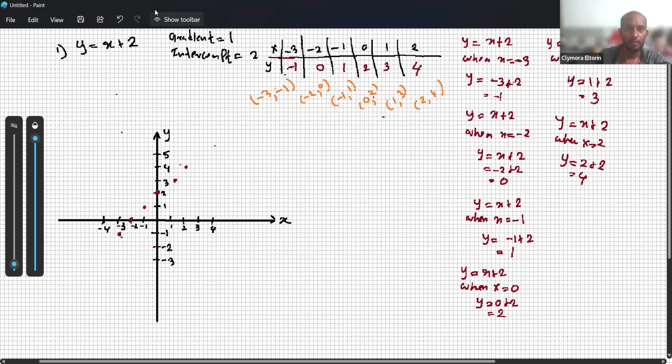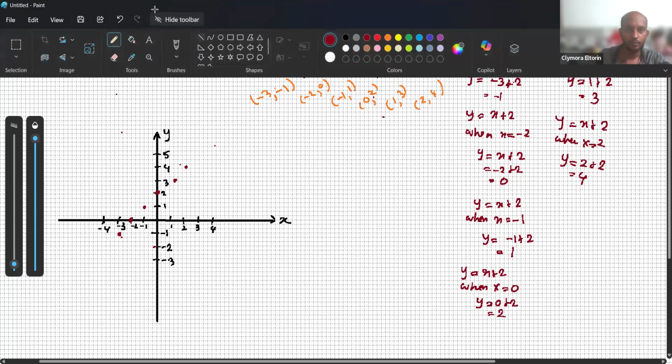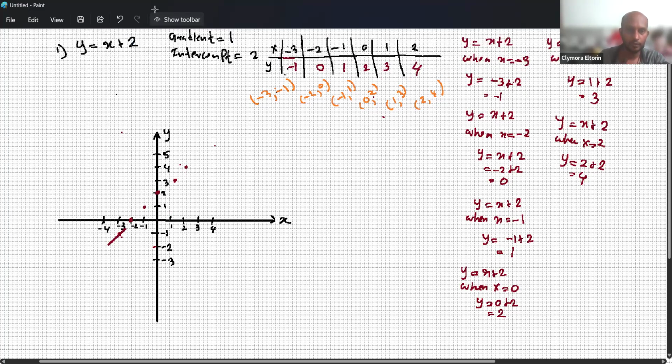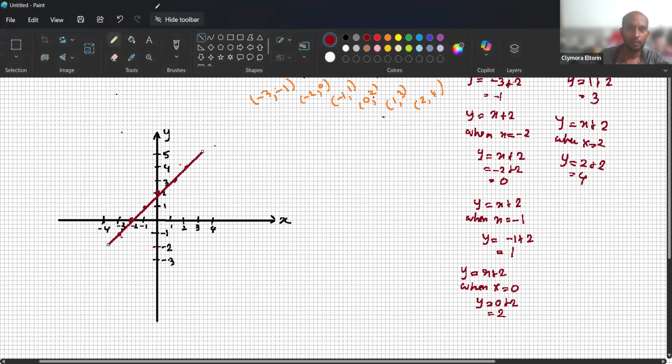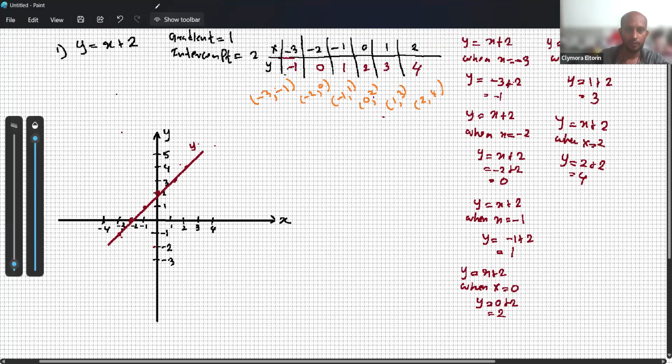Let's draw the line. This is the graph y equals x plus 2. Right? Can you see a relationship between the gradient and the graph?